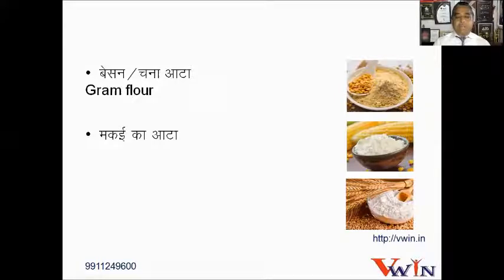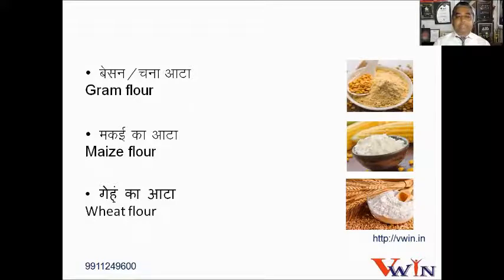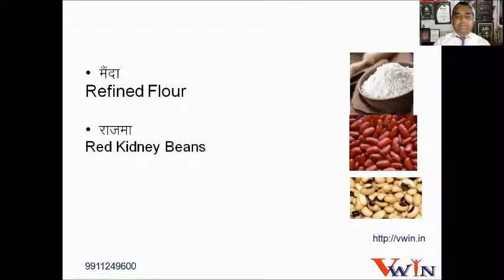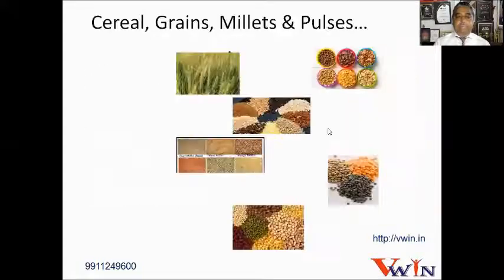Makai ka atta, maize flour. Gehu ka atta, wheat flour. Maida, refined flour. Rajma, red kidney beans. Lobia, black-eyed beans. Now let's talk about the difference among cereals, grains, millets, pulses and lentils.